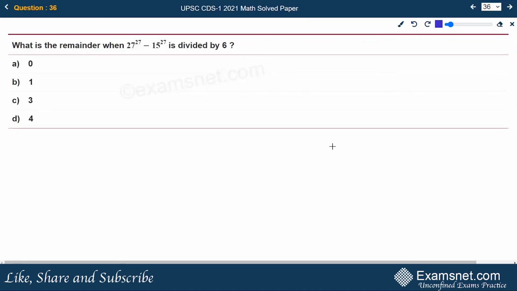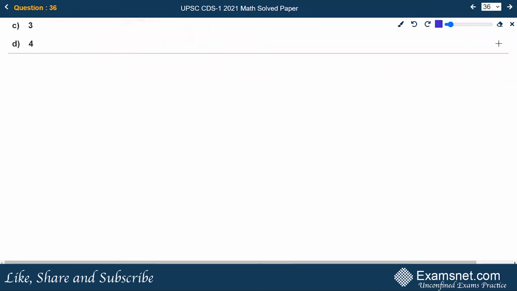In question number 36, we are given: what is the remainder when 127 to the power 27 minus 15 to the power 27 is divided by 6. So first let me tell you, it is in the form of a to the power n minus b to the power n, correct?